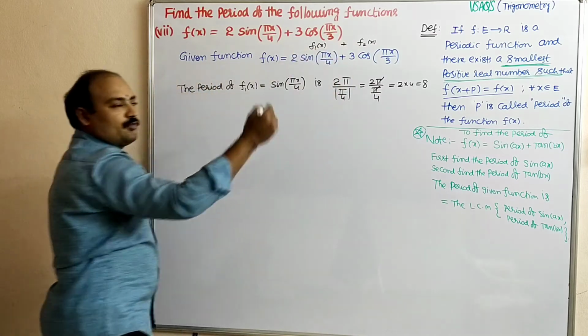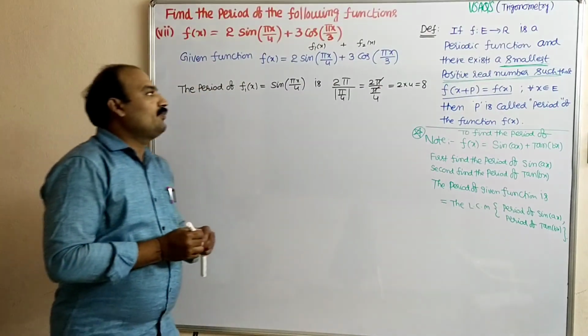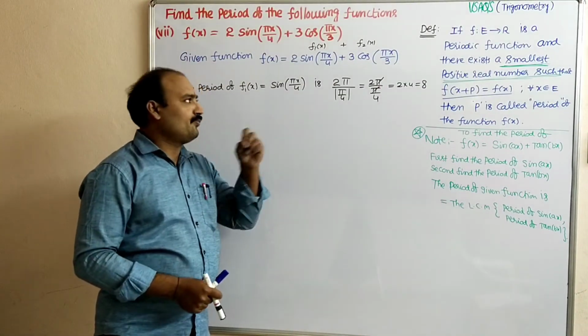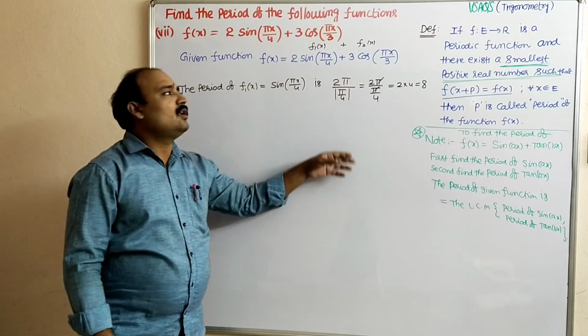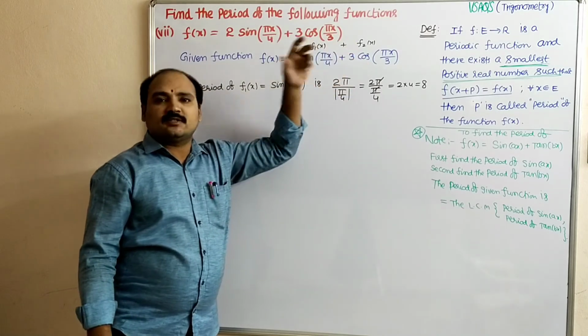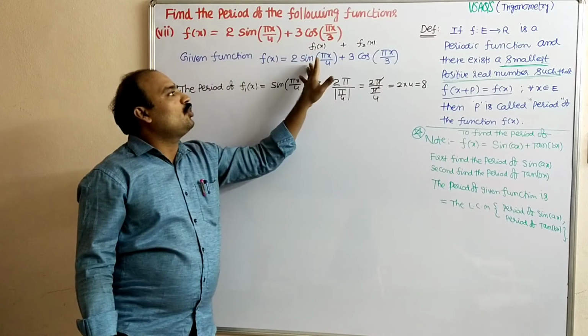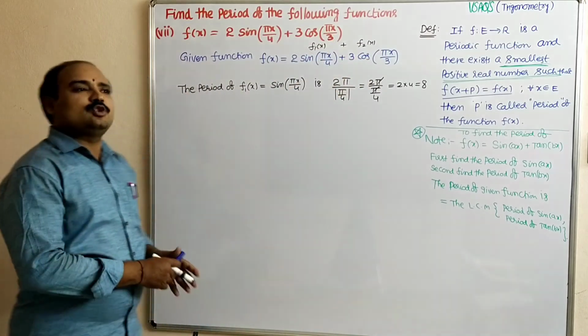Whenever the sum of two functions or the difference of two functions is there, first find out both the functions' periods. After that you can take the LCM of these two functions.